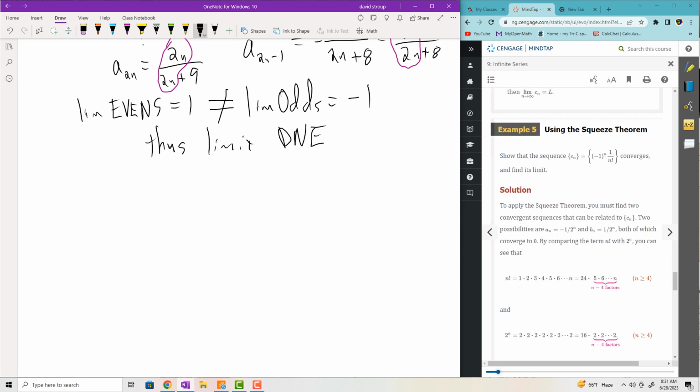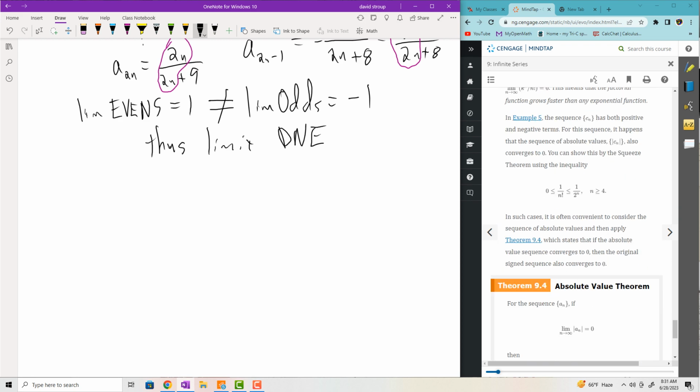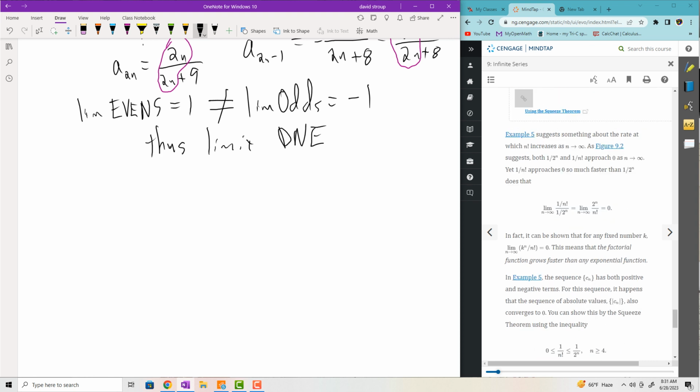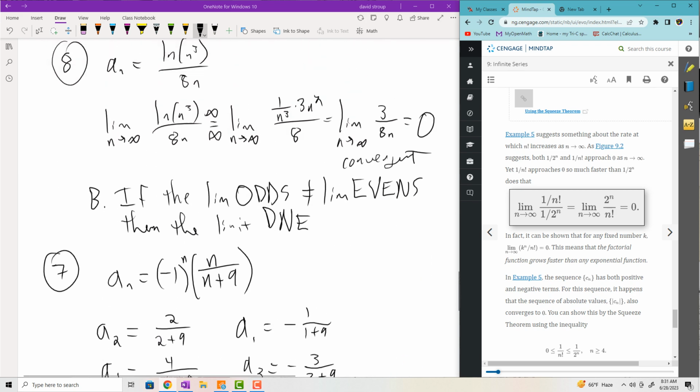We have to talk about factorials and stuff. There's one little factoid they try to sneak in on you right here, which is helpful.